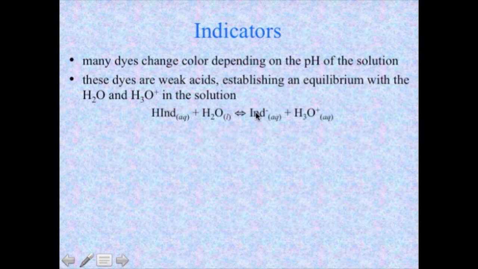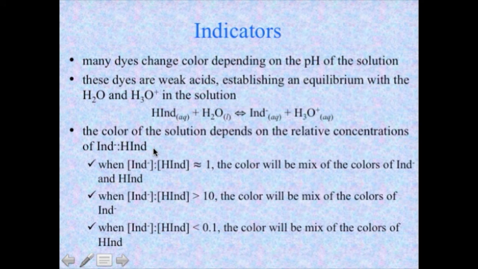And these two have different colors. The color of the solution depends on the relative concentrations of the indicator in the conjugate base form and the indicator in the conjugate acid form. When both of these forms are about equal, the color will be a mix of the colors of the weak base and the conjugate acid of the indicator.